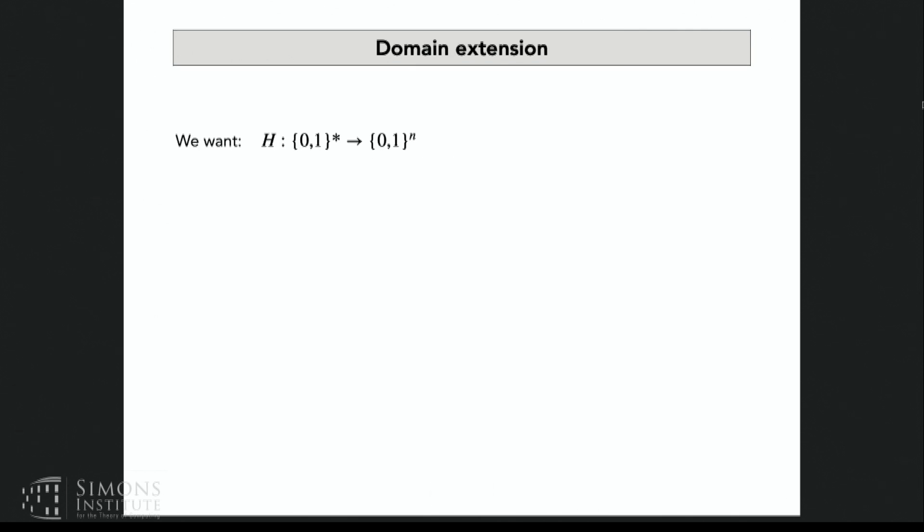So now a bit more about the construction of hash functions. We want a hash function, this object with arbitrary length input, but that's a bit of an unwieldy object because we are supposed to evaluate it on any length string, so on this infinite domain.